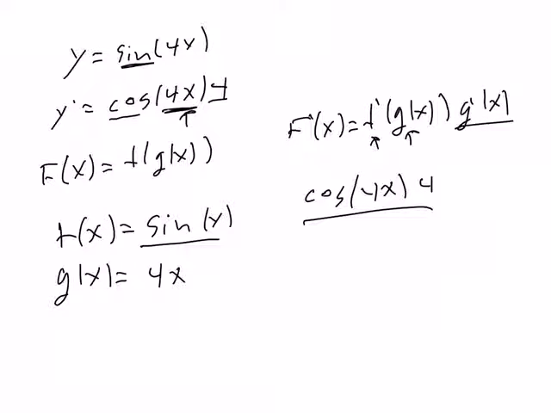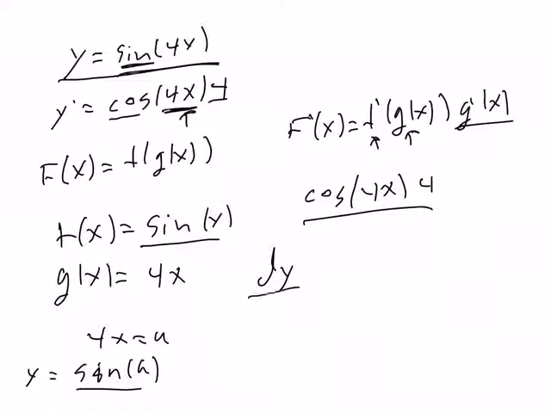And at the same time, again, if we make 4x equal to u, then we have y equal to sine of u, right? That would mean that y is still equal to this because u is equal to 4x. Then we know that dy/dx is equal to first dy/du, and then du/dx.